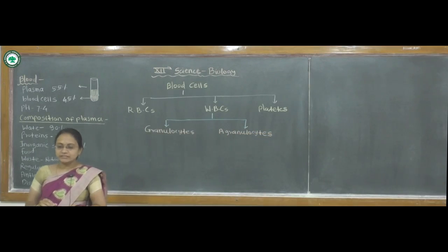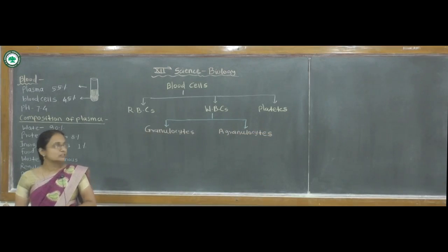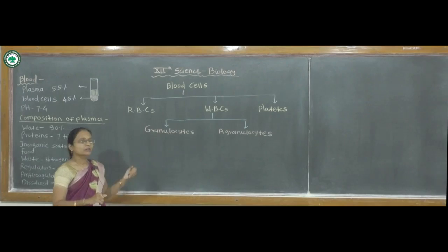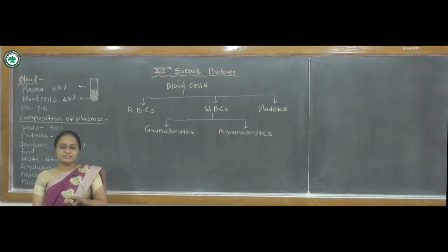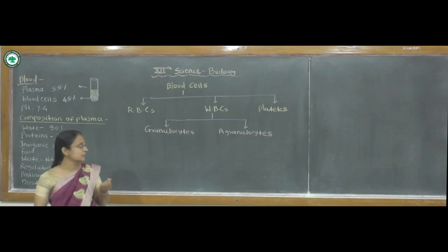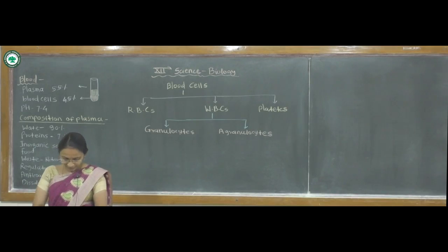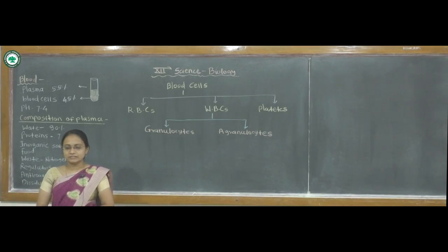The granulocytes, as the term suggests, are cells that contain granules in their cytoplasm. And the cells showing the absence of granules in the cytoplasm are the agranulocytes.